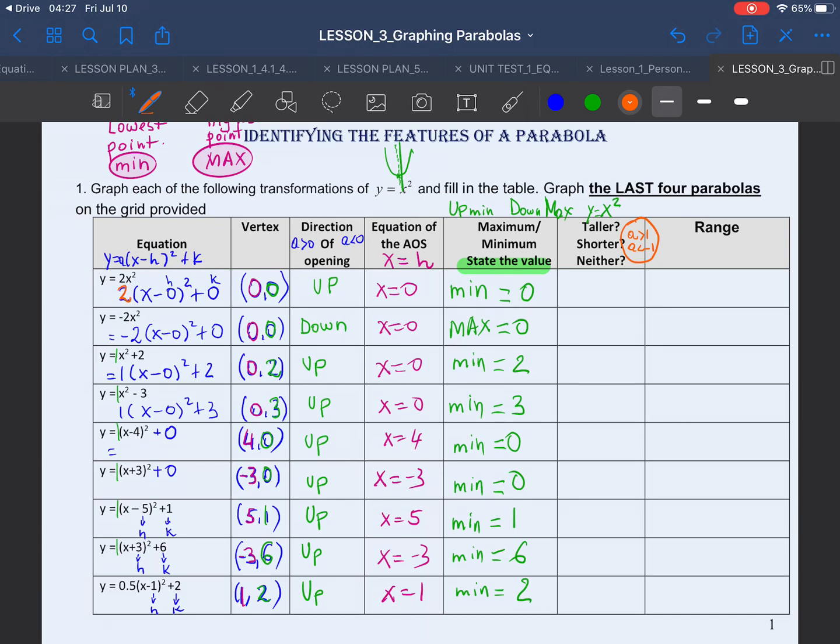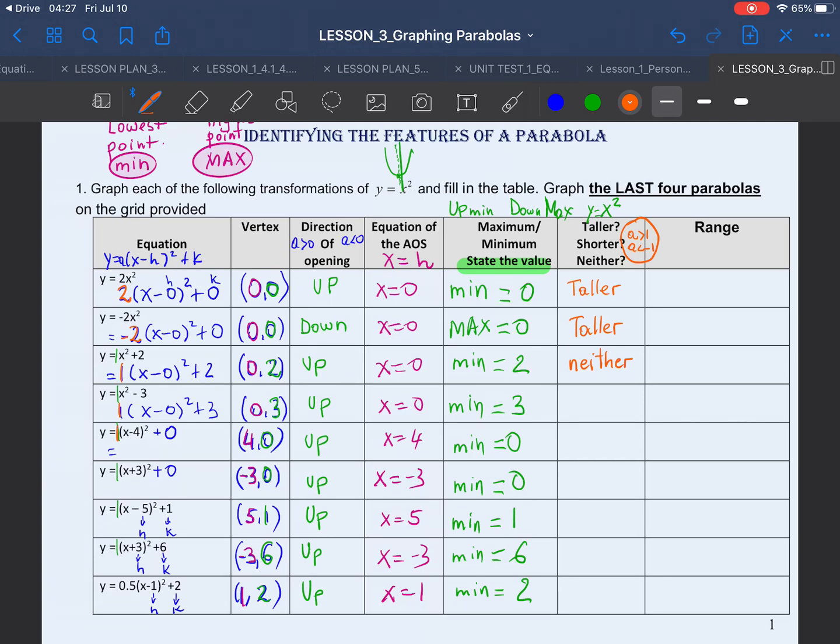So the first case here, we have the coefficient a equal to 2. If coefficient a is 2, then we're going to say it's taller. The next one is -2. We're going to say, yes, that's taller as well. The y values have been stretched, have become bigger, right? So 1 means that there are no changes.